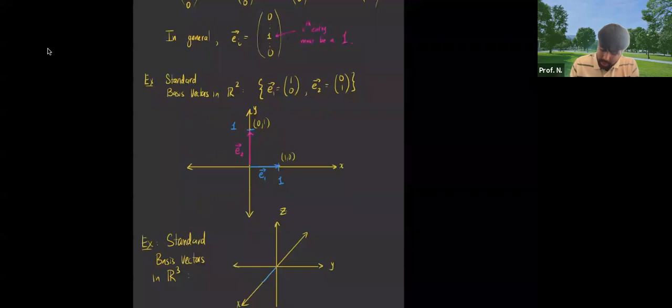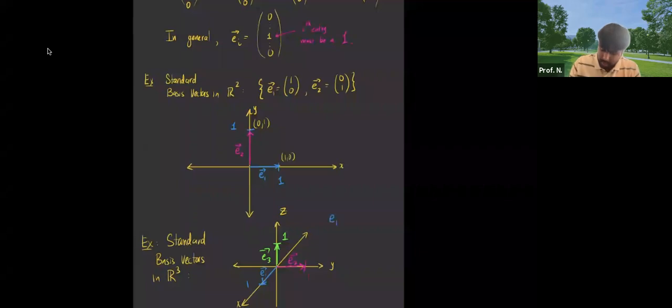So we got 1 here, right? This is 1, 1, 1. This would be E1, this would be E2, and this would be E3.